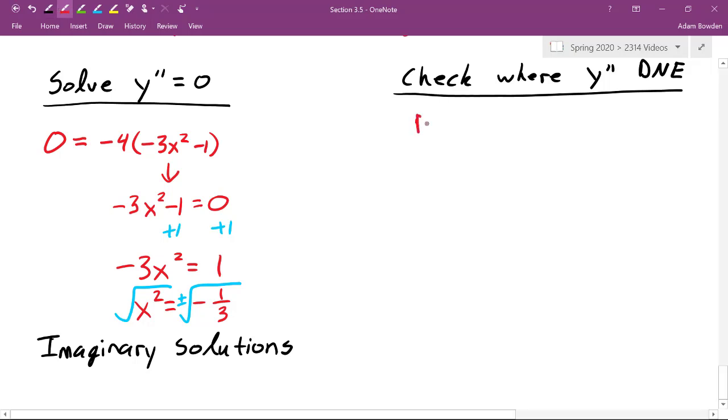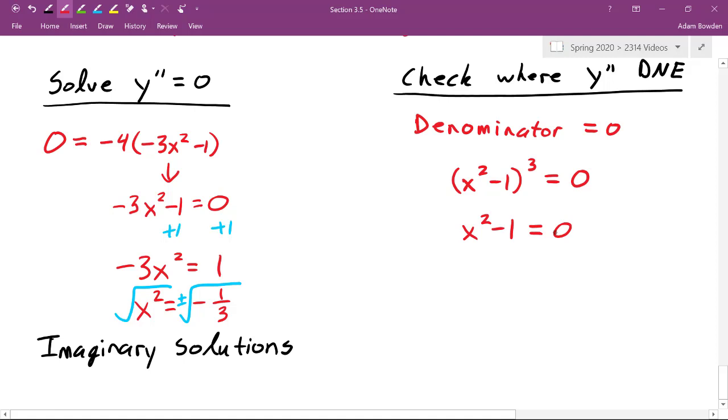That's all going to come back down to, again, where the denominator is equal to 0. So that denominator, x squared minus 1 cubed, equal to 0. But that still just really comes down to just the x squared minus 1. No use for the power of 3, which we've been looking at already as the negative 1 and the positive 1 solutions.